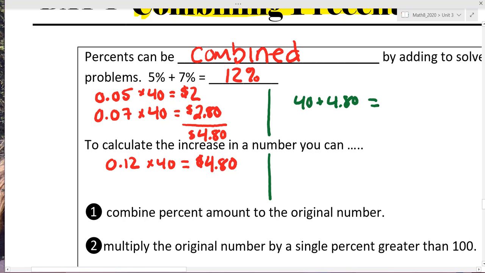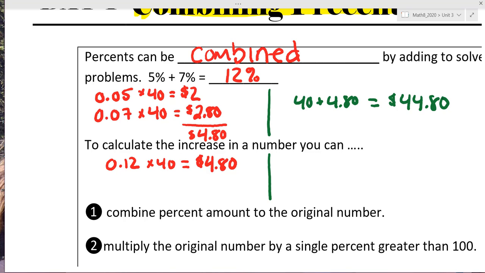What would it be? $44.80, right? So you take your tax, you add it on. Now, there's actually another way of doing it. So I'm going to teach you lots of different techniques, and you pick the method that works best for you. If you prefer to do each one separately, go for it. If you think you can handle doing many steps in one, go do that approach.